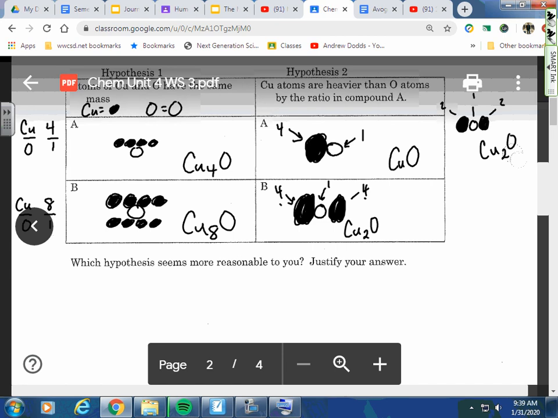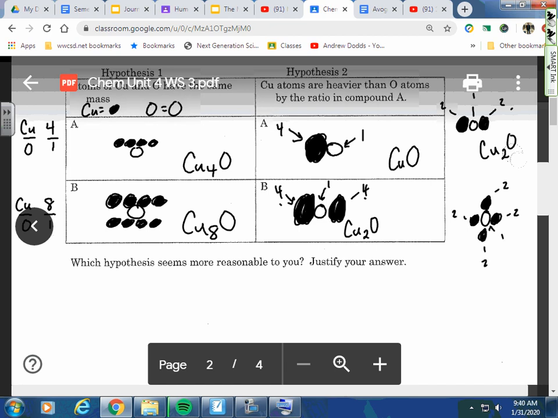So what did you do over here for this? Huh? I mean, you're showing that they have different masses, so that is acceptable. But we just have to make sure the next one you draw has twice as much. So your next one would have to be like this. So these would each be 2. And this would be 1.